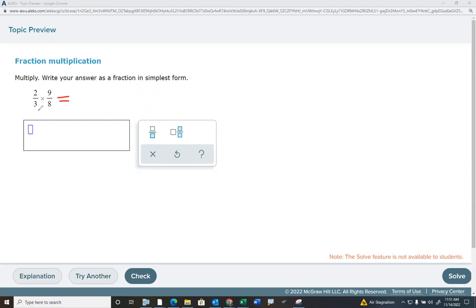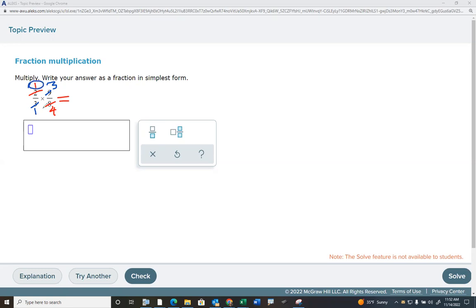Or, like I said on the last one, you could say, hey, is there some number that divides into one of the top numbers and one of the bottom numbers? Yeah, 2 is going to divide into both of them. So I could say 2 divides into that once, and 2 divides into 8 4 times. And then I could say, hey, 3 divides into both of these guys. Again, a top number and a bottom number. So 3 divides into 3 once, 3 divides into 9 3 times, and we could just jump to the answer, but let me simplify what we got here.